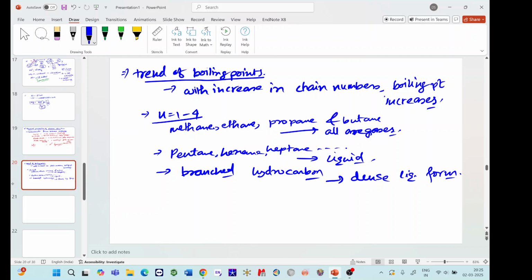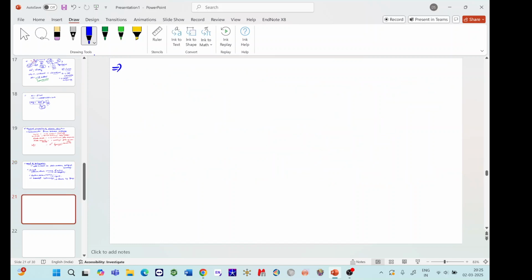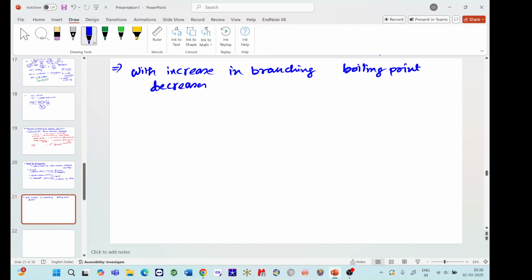Now the general thing we can see is that with an increase in branching, boiling point decreases.